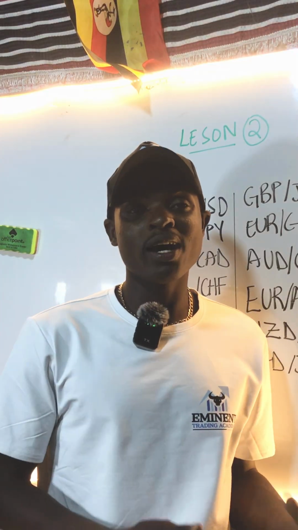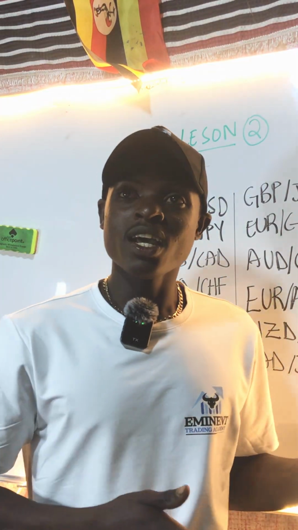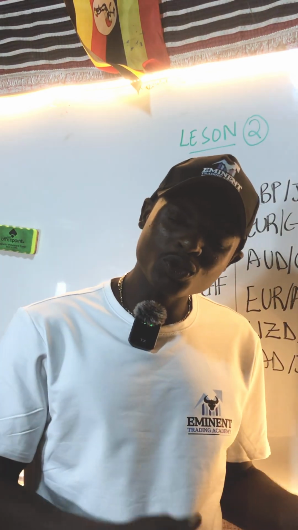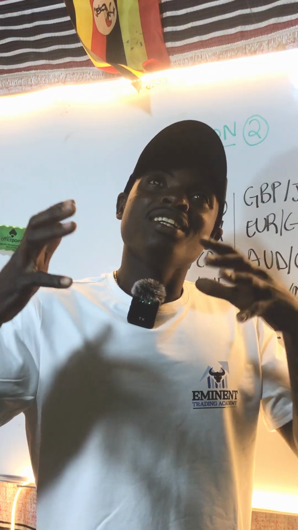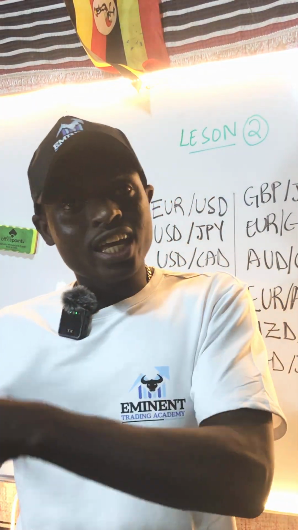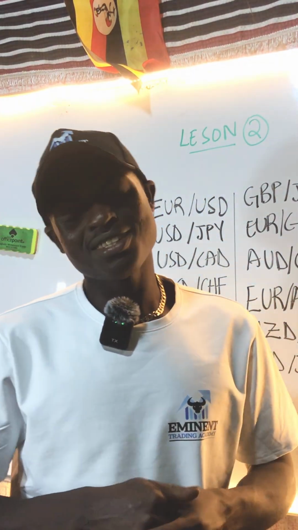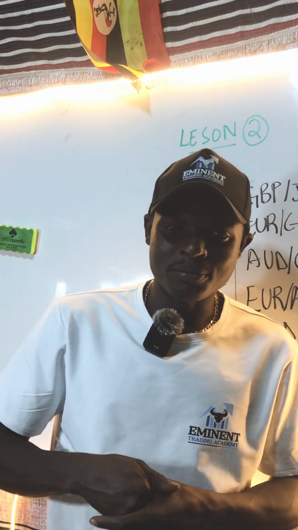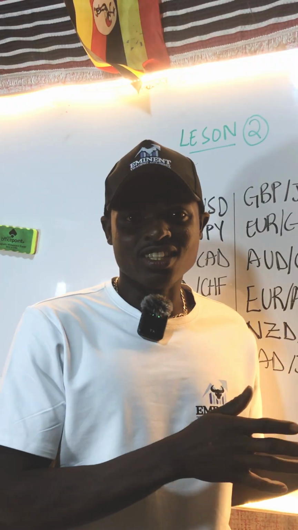For example, when you buy the US dollar with the Great Britain pound, it usually means that you are buying shares in the US economy, expecting the US economy to outcompete the UK economy. Simply like that.